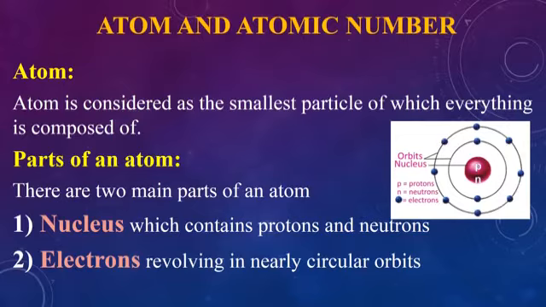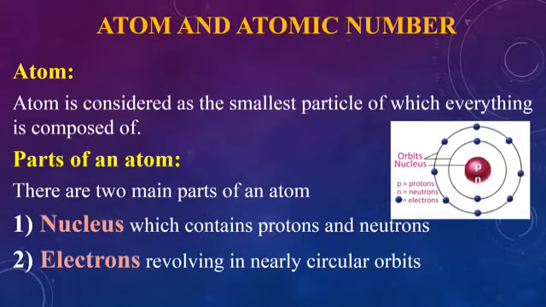And then we'll discuss the parts of an atom. Students, as you know, there are two main parts of an atom. The first is the nucleus, the central part of the atom, which contains protons and neutrons, and then the revolving electrons that revolve nearly in circular orbits.